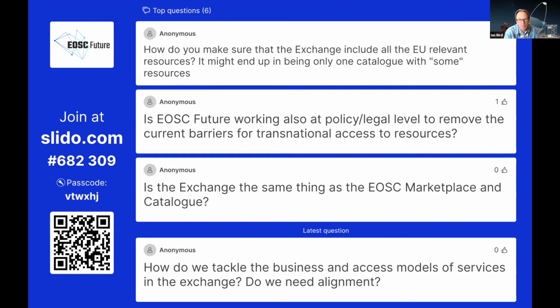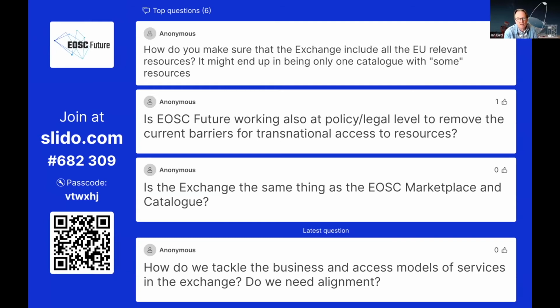Inside ESCAPE, we have a catalog which includes all of the services and all of the resources that we have in ESCAPE, and that catalog is being onboarded into the EOSC portal. So it's scalable in the sense that we don't need to do anything to push our services to the EOSC catalog or the exchange catalog. It's automatic once it goes into our own catalog.